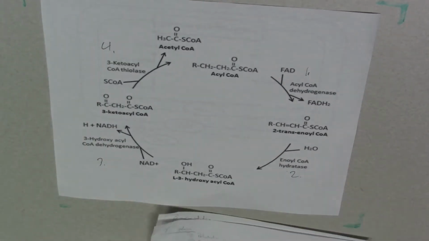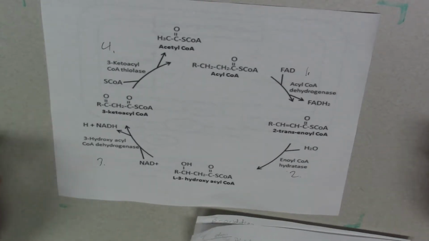And so one cycle of beta oxidation produces one FADH2, which is flavin adenine dinucleotide, and one NADH, which is nicotinamide adenine dinucleotide. 2 cycles of this is enough to produce 16 ATP, which goes through the same pathway that we talked about in previous lectures for ATP synthase.